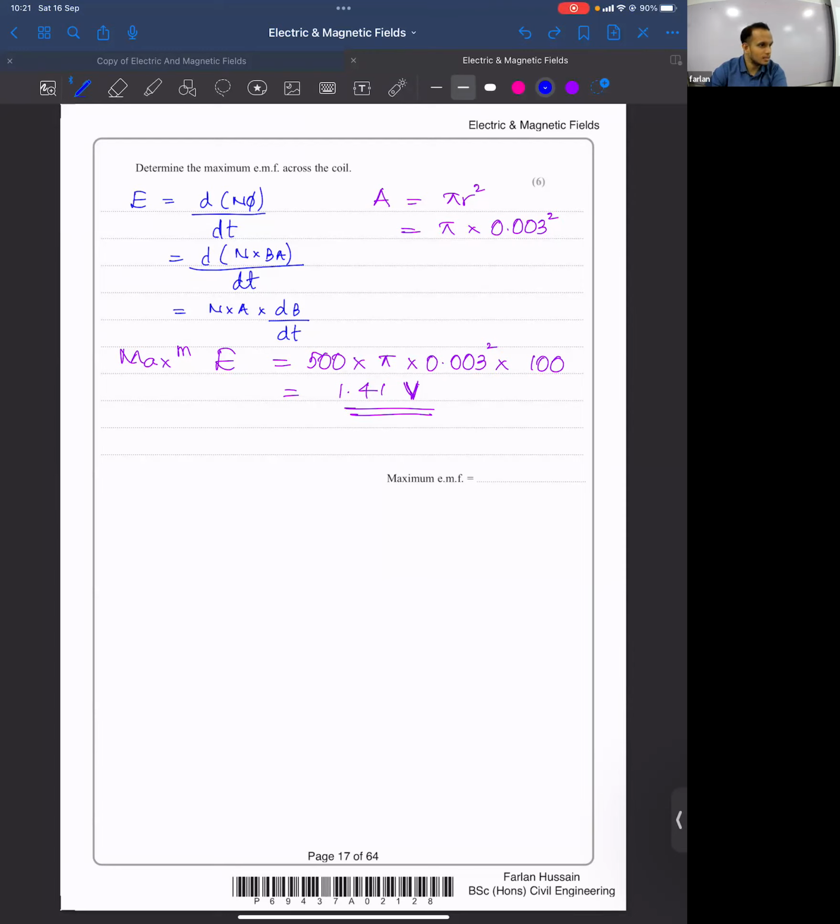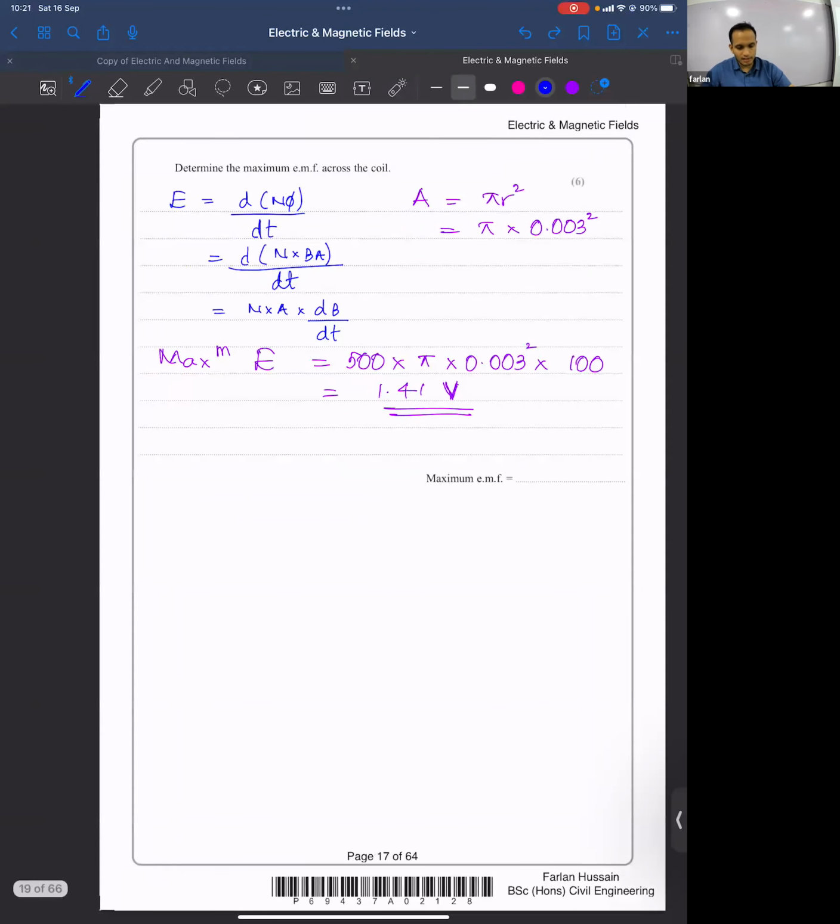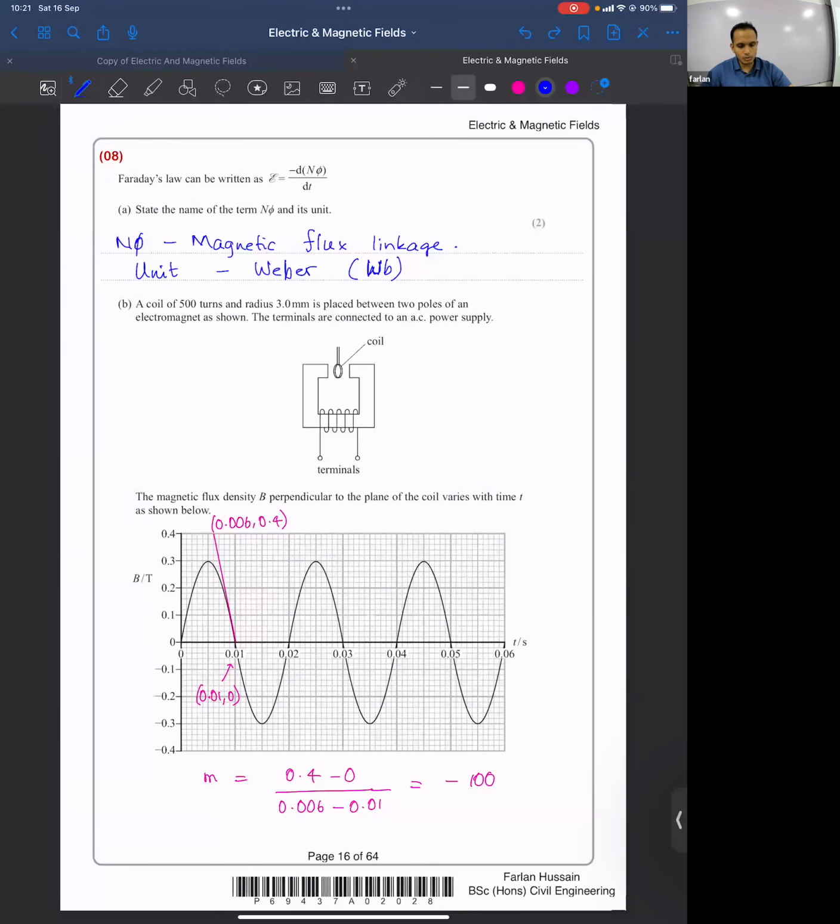This will be tested in many questions. Understand how to use a graph and find the maximum rate of change by drawing a tangent at the relevant point. For the same question, what if they had given the graph and asked you to calculate the EMF induced when the time is 0.042 seconds?